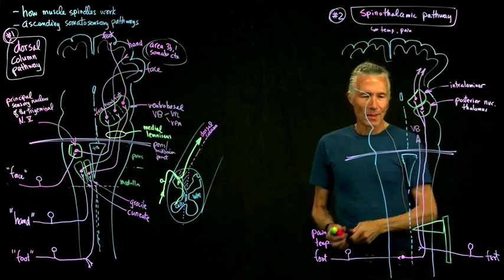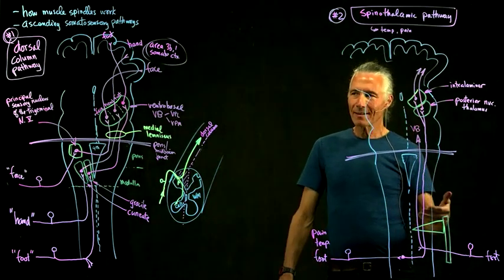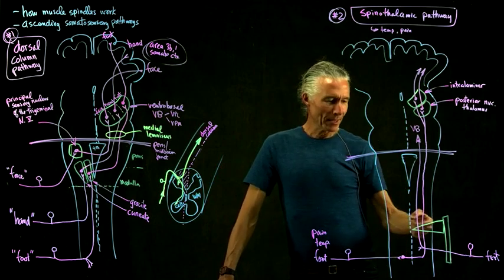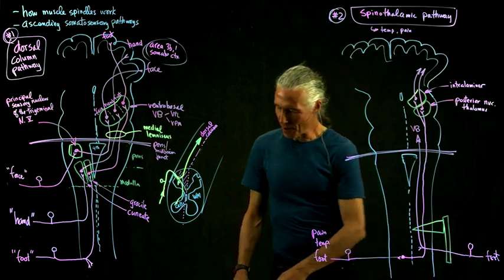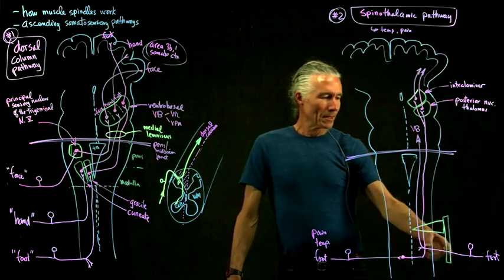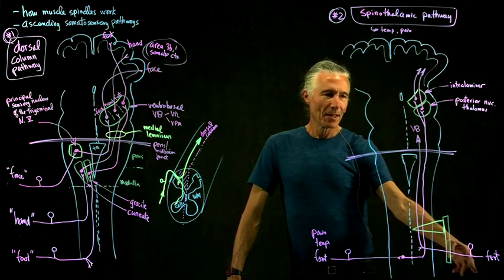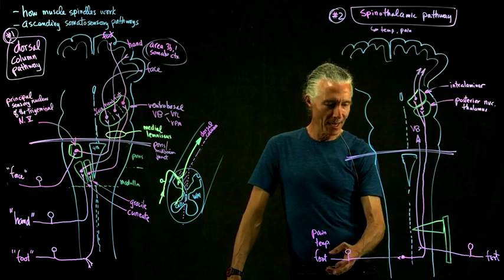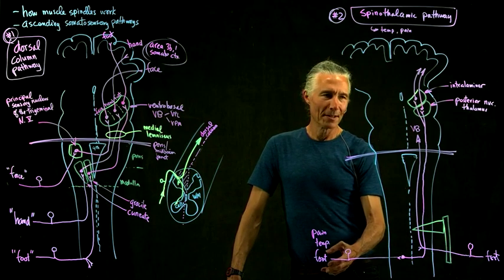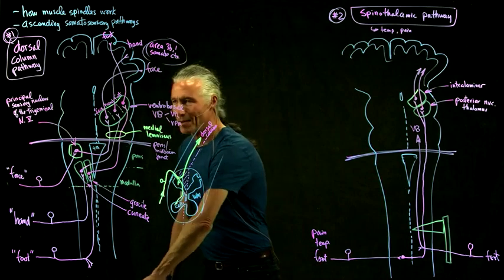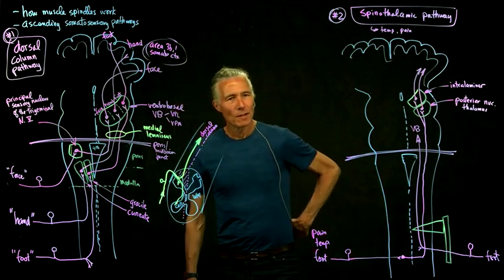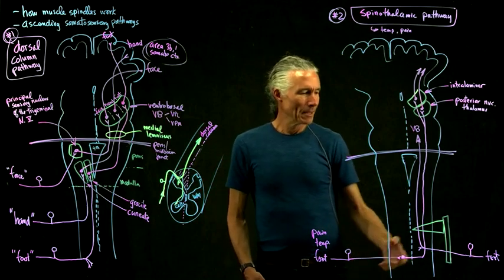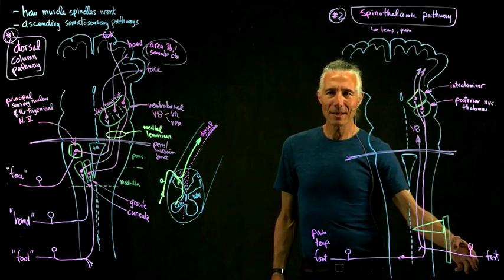So if we cut through the right side of the spinal cord, you can figure out what's going to happen. So what it's going to do is it's going to interrupt touch from your right foot, but it's going to interrupt pain from your left foot. And so it's a strange phenomenon where if you damage one half of the spinal cord, you've got this weird thing where one foot cannot feel touch, but it can feel pain.